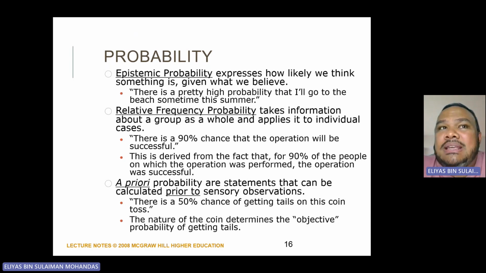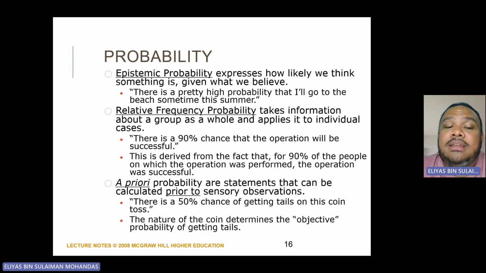Now, when a person says that there's a 90% chance, it means that it is derived from the fact that 90% of the people that went for the operation had it become successful. That is what the 90% means. And this is what we call frequency probability.